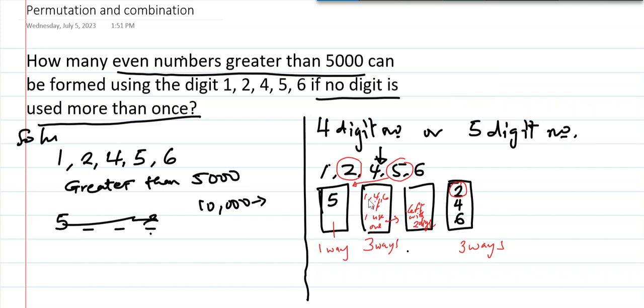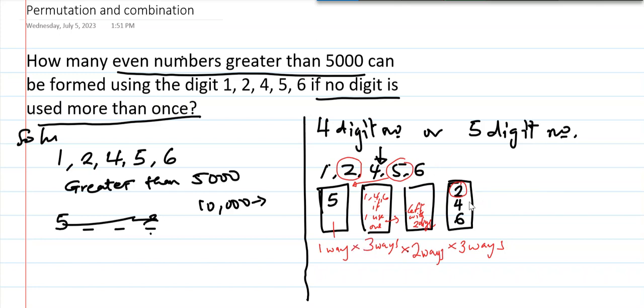If we have 3 ways of writing a digit here, it means I can use 1, I can use 4, I can use 6. If I use one of them, I'm left with 2 digits. If I use 1, I'm left with 4 and 6. If I use 4, I'm left with 1 and 6. If I use 6, I'm left with 1 and 4. Do you understand? So it means I have 2 ways in this column. So you multiply all of them.